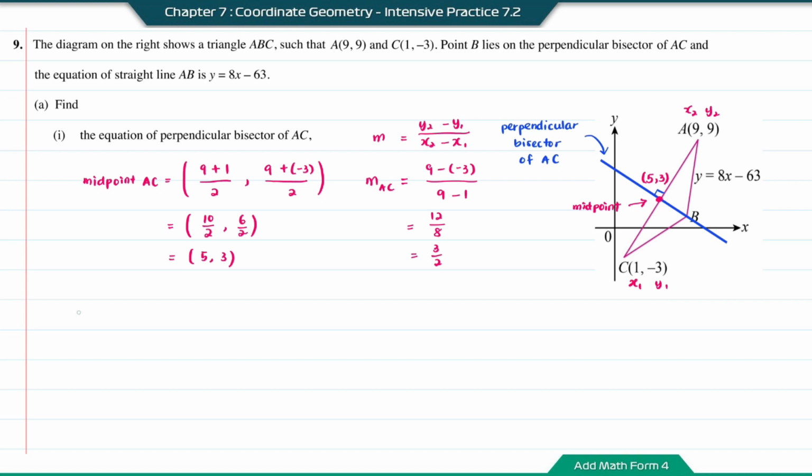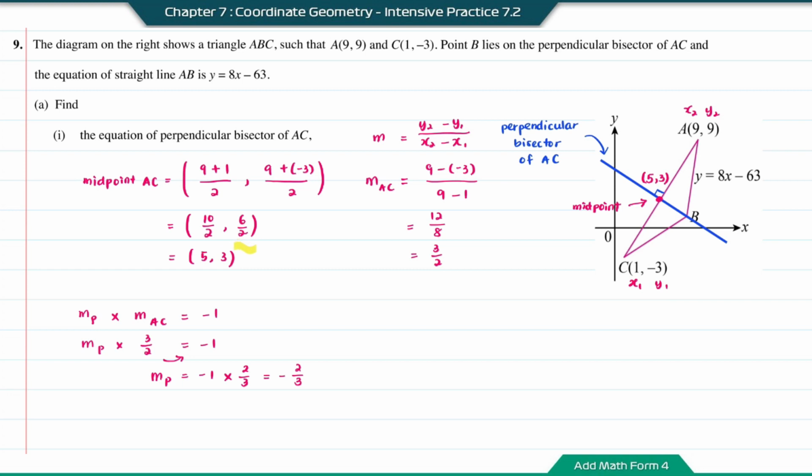Let's label the gradient of the perpendicular bisector of AC as mP. When we multiply it with the gradient of AC, the answer is equal to negative 1. So when mP times 3 over 2, the answer is negative 1. The gradient of the perpendicular line will be negative 1 divided by 3 over 2, which is the same as negative 1 times 2 over 3. So the answer is negative 2 over 3.